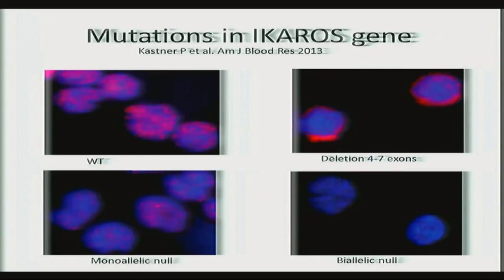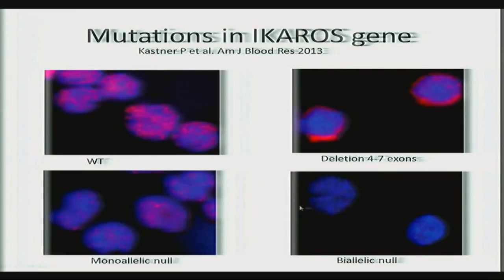If you look at the expression, because Ikaros is a transcription factor associated with the differentiation of lymphocytes, especially B cell lymphocytes, if you have wild type, you have very nice expression in the nuclei. If you have deletion, you have expression just in the periphery, not in the nuclei.